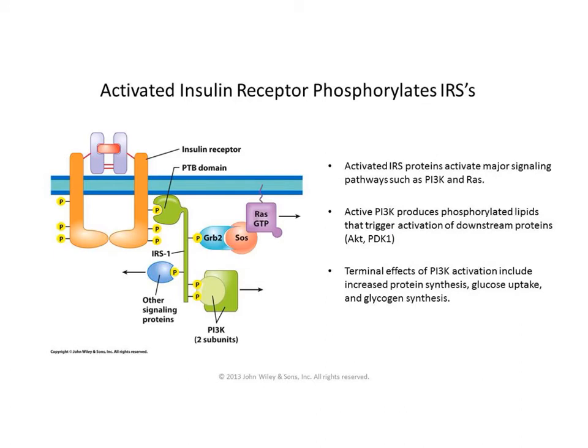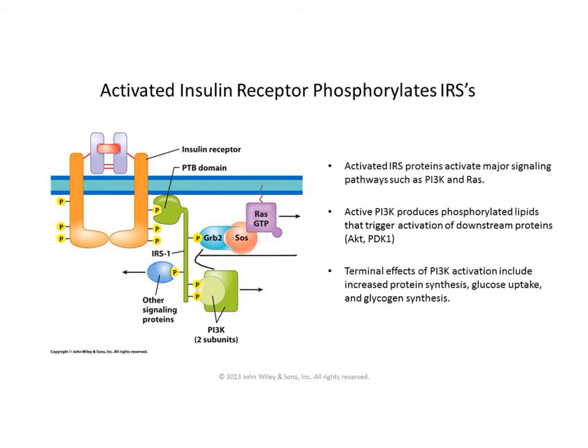Now, when we think about activation of downstream targets, one known downstream target of the activation of this receptor tyrosine kinase by insulin is a protein called IRS, shown here in green. IRS has a binding domain called PTB, the phosphotyrosine binding domain.